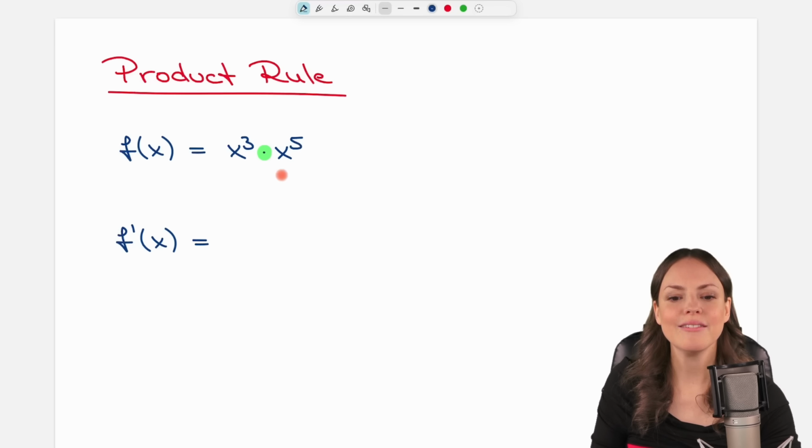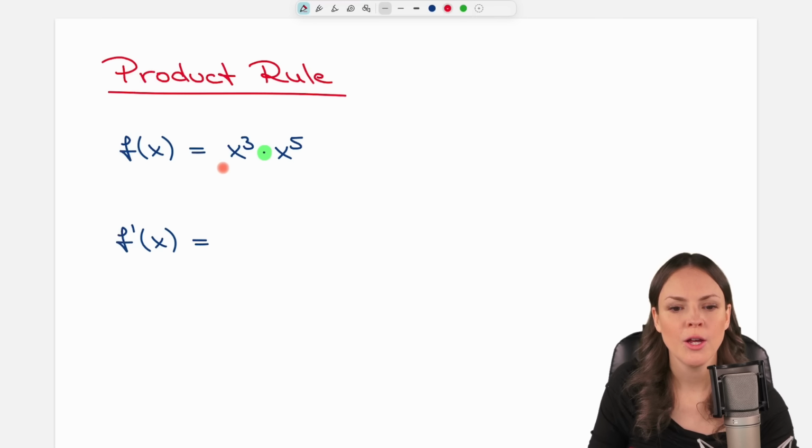So if we leave it like this, and we have a first part where there is an x in here, and a second part where there is an x in here, then the product rule says, call your first part u and your second part v. So everything in front of your multiplication symbol is your u, and everything after is your v.